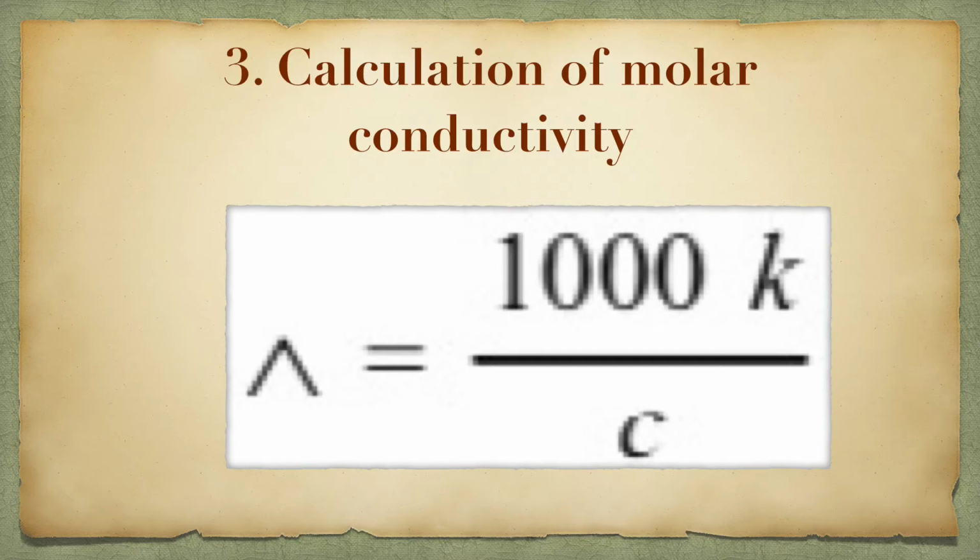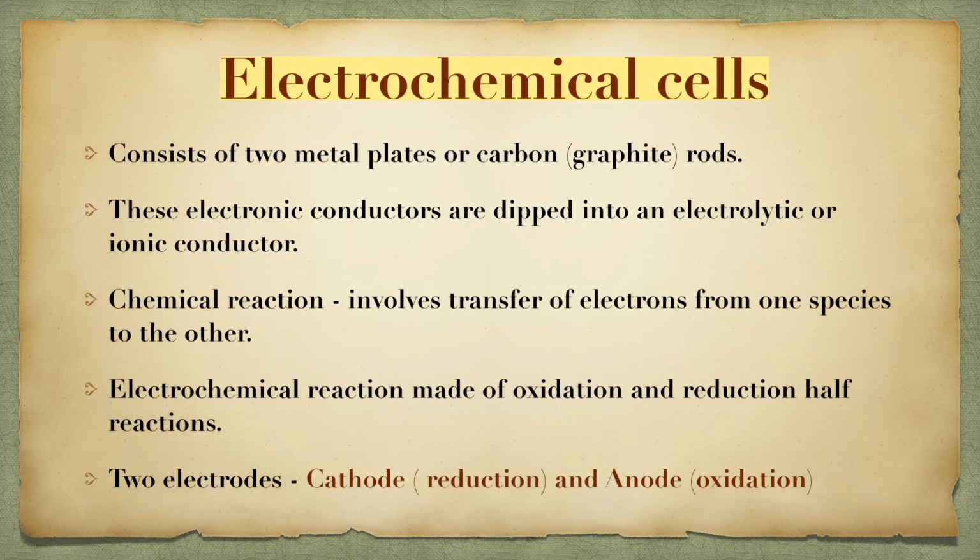Now we will start with the electrochemical cell, which is very important. First we'll understand what an electrochemical cell is. It consists of two metal plates or carbon rods. Carbon rods are also called graphite rods. These electronic conductors are dipped in an electrolytic or ionic conductor. Now, electrochemical cells involve chemical reactions that involve transfer of electrons from one species to the other.